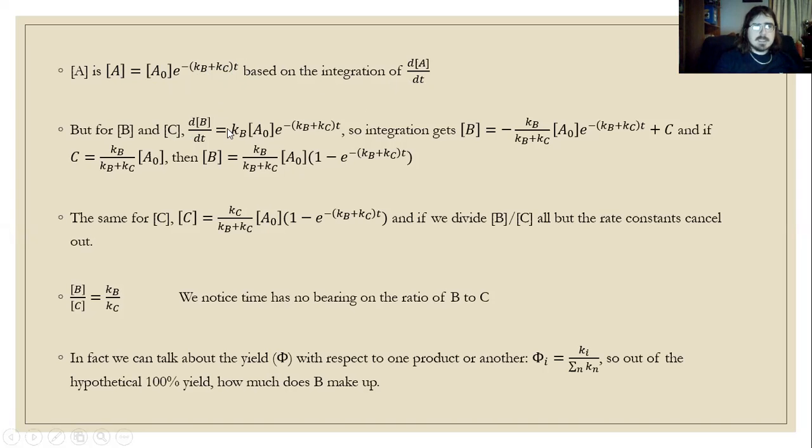But for B and C, it's a little bit different story, because when we plug in A, we have this situation. When we integrate this to solve for B, we're essentially integrating that with Kc staying constant. B equals Kb over Kb plus Kc times A naught times this expression.